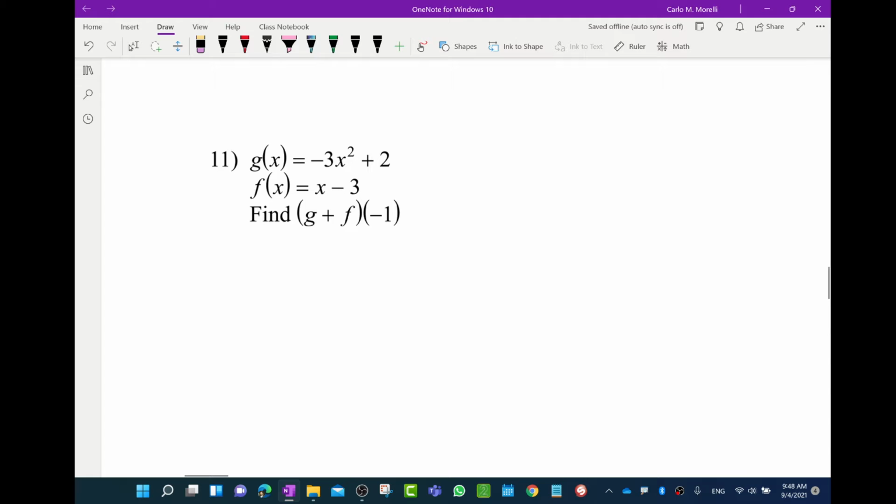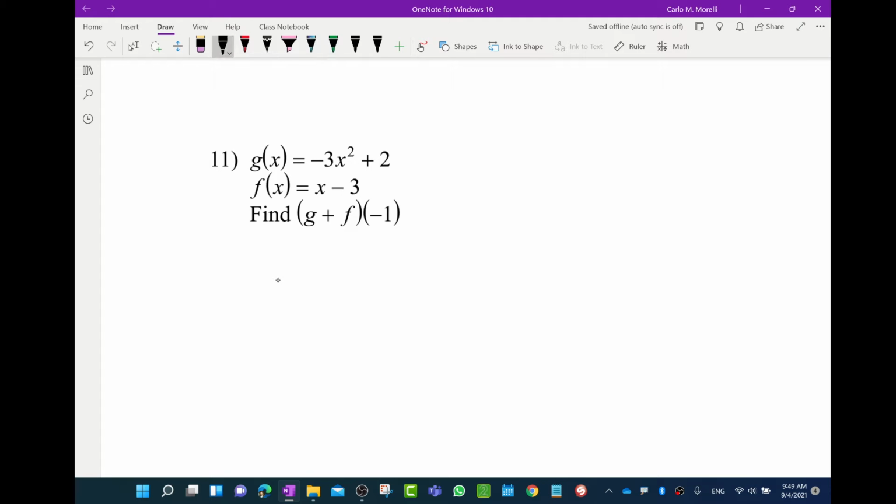So I have a way of adding functions together that might be a little bit different than the way that you have been taught thus far. I use a method where we stack the functions.